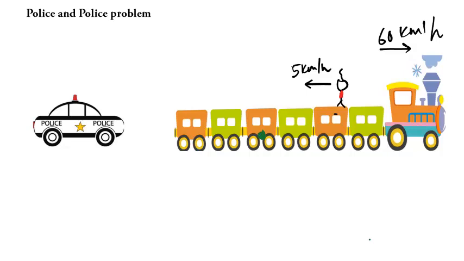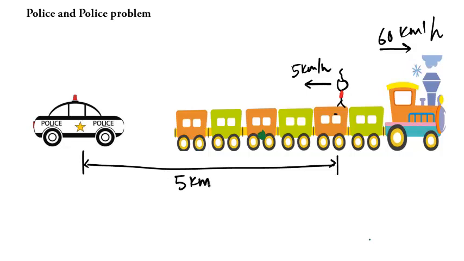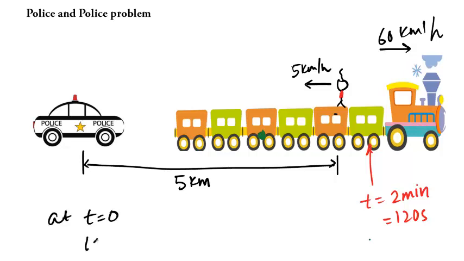Now the initial distance between the police car and Iqbal is 5 kilometers, and let's say the time on the bomb says 2 minutes or 120 seconds, and at t equals 0 this police car was at rest, so its initial velocity is 0.